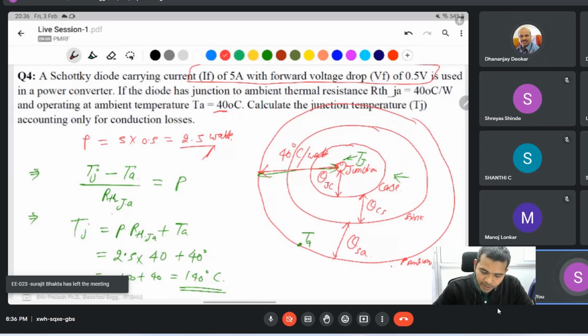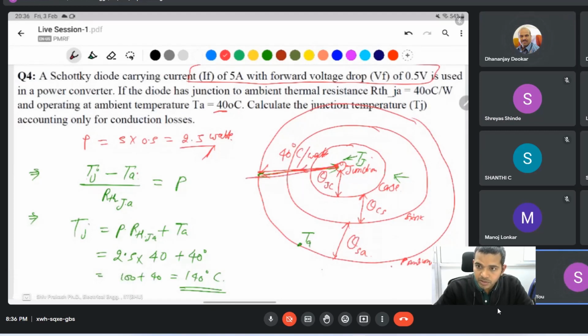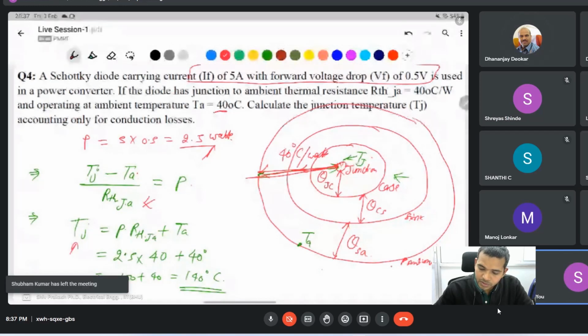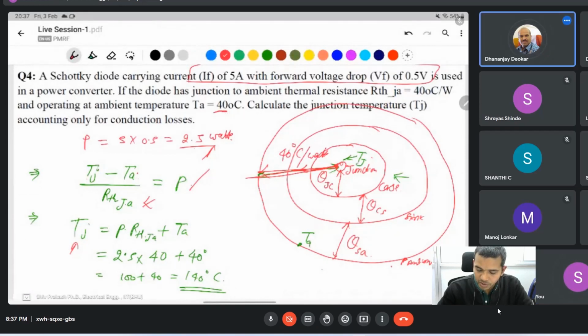Then simply apply Tj to Ta, junction temperature to ambient temperature, heat flow like that, from junction to the outside, and total power, and then find Tj, the junction temperature. Power is given 2.5 watt, RTH is 40 degrees centigrade per watt, and Ta is also given 40 degrees centigrade. Use this and find the junction temperature. Is that okay?